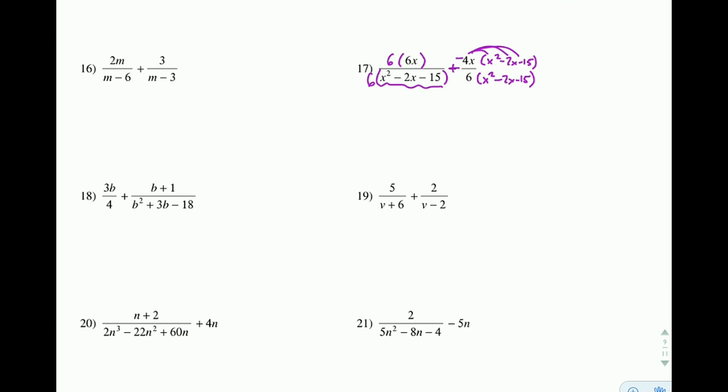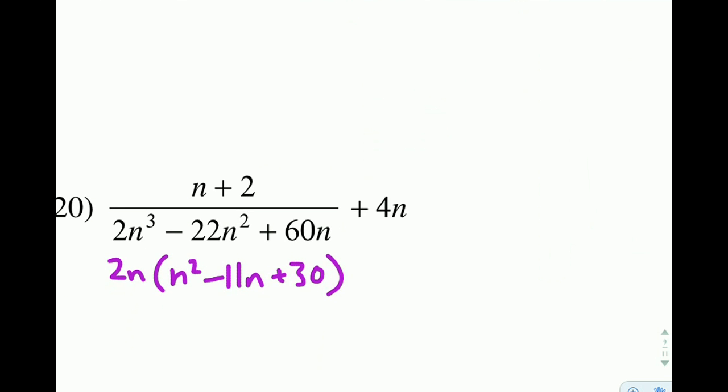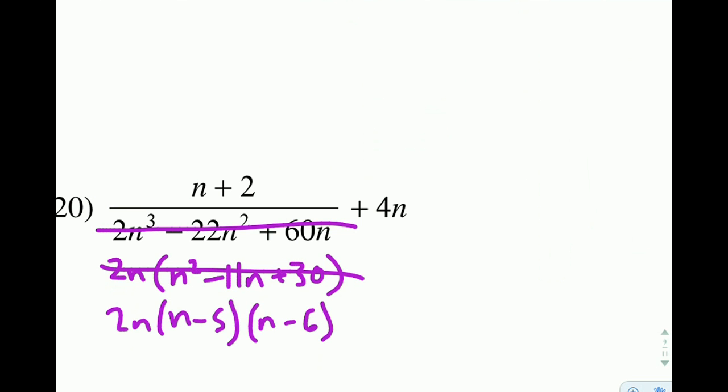When you get to problems like this one here, you're looking at what can I factor out of everything, and in my denominator I see a 2n in common everywhere, and when I factor that out I still see more factoring I can do. I see an n minus 5 and an n minus 6 that I can continue to factor with. And at each stage I'm going to cross things out. And I'm hoping that something was going to cancel with that top.